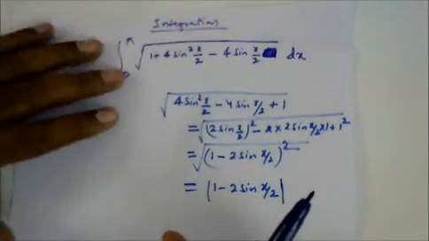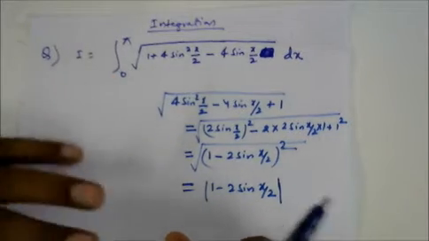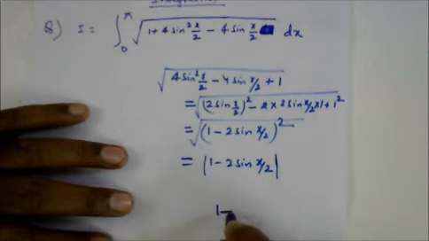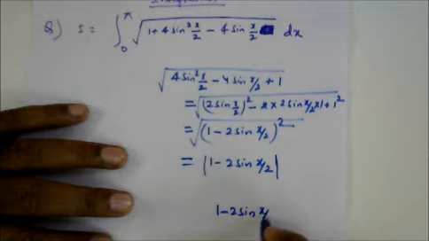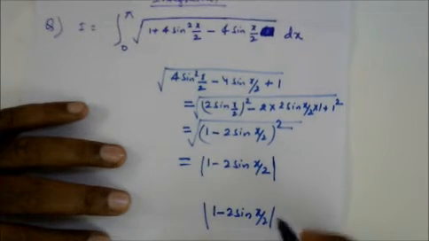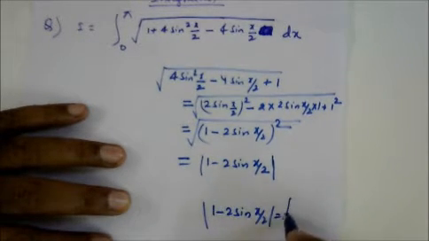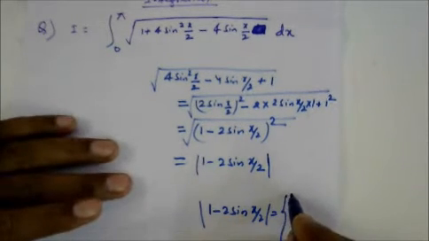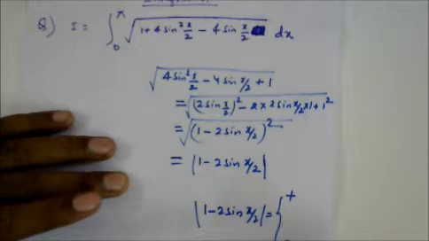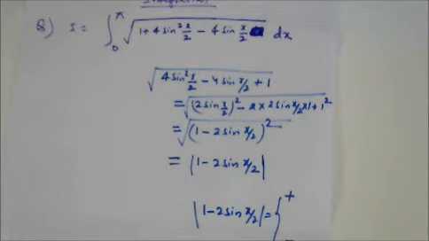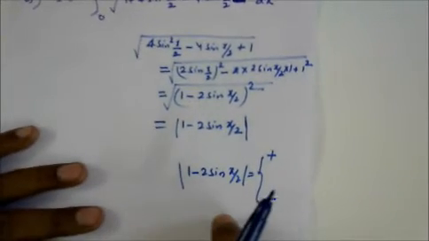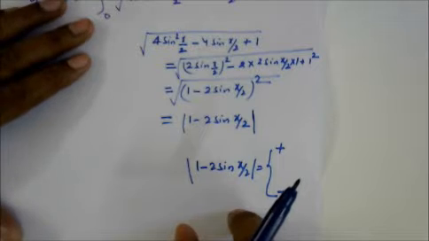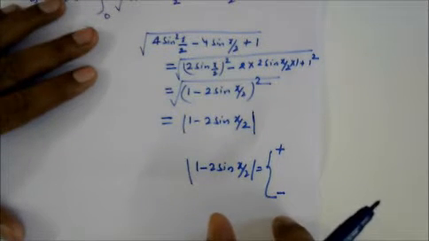This type of question makes you consider two things: that 1 minus 2 sin x by 2 may have a positive value, and it may have a negative value. So now we will see where it has a positive value, starting from 0, and then where it has a negative value.